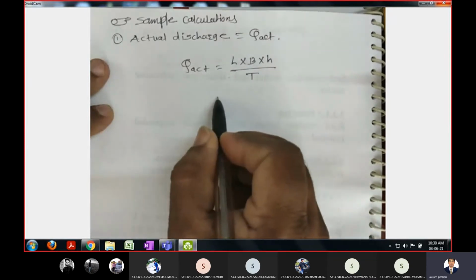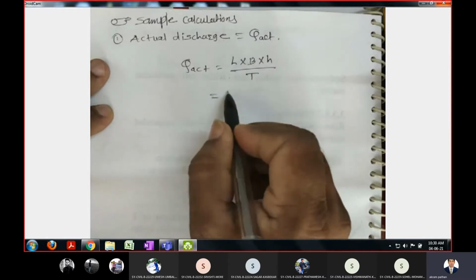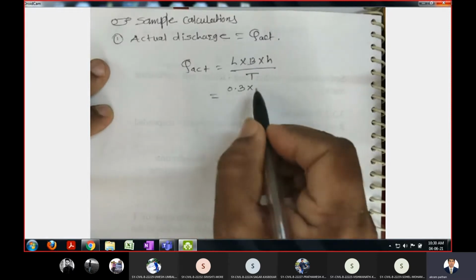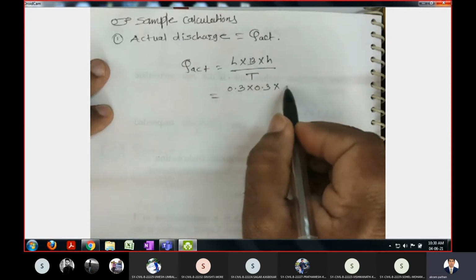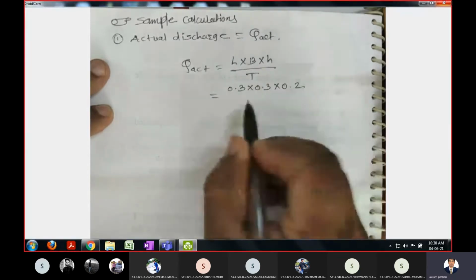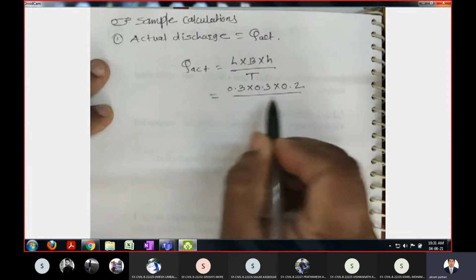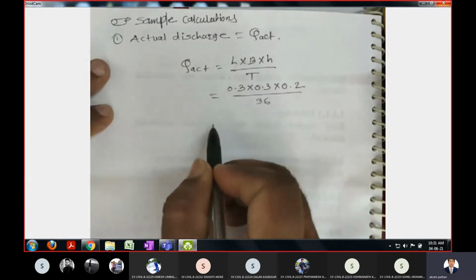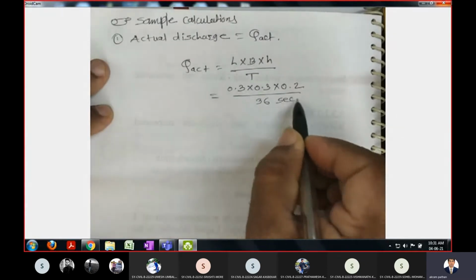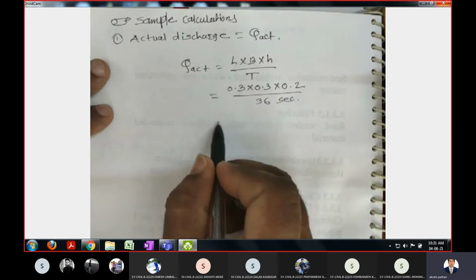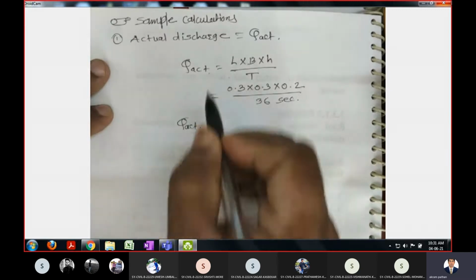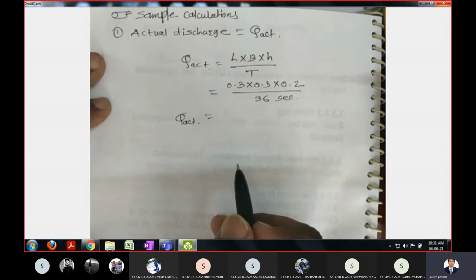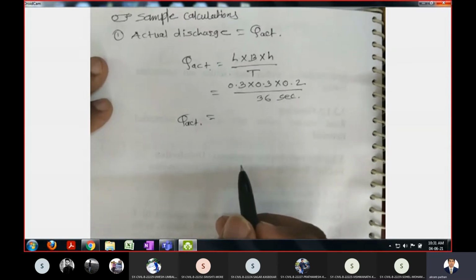So L into B into H divided by T. So length, breadth and the rise of water level is 20 centimeter, that is 0.2 meter, divided by 36 seconds. Time is in second. Now calculate actual discharge. How much is the actual discharge?